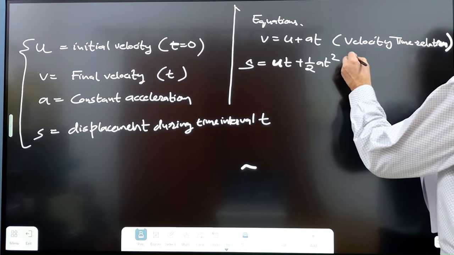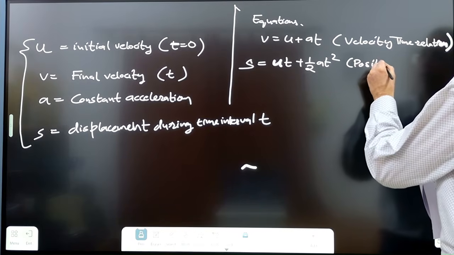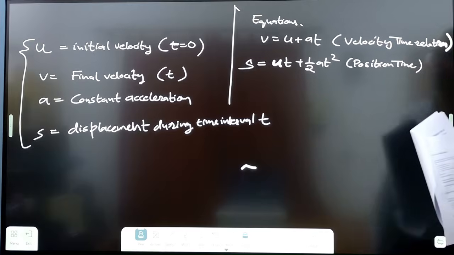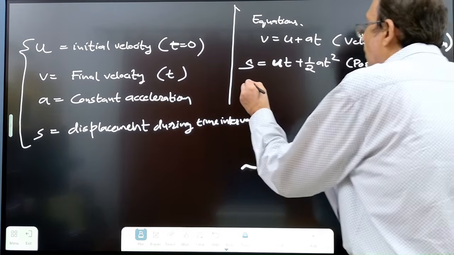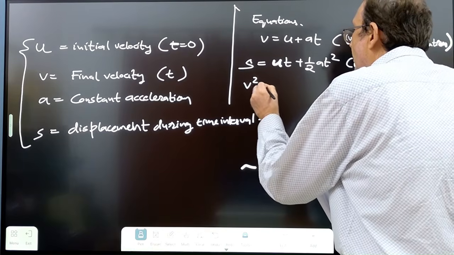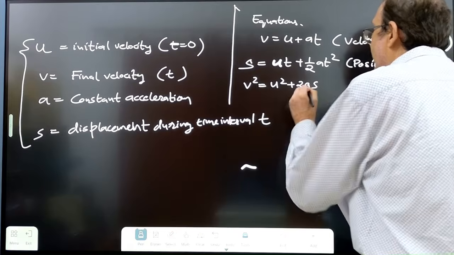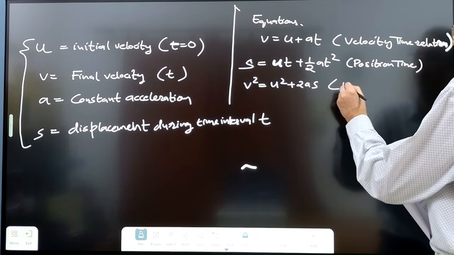This is the position time relation. Then you have v square is equal to u square plus 2as. This is the position velocity relation.